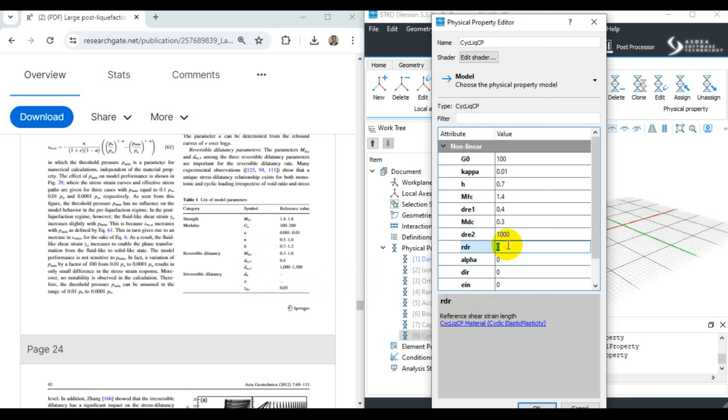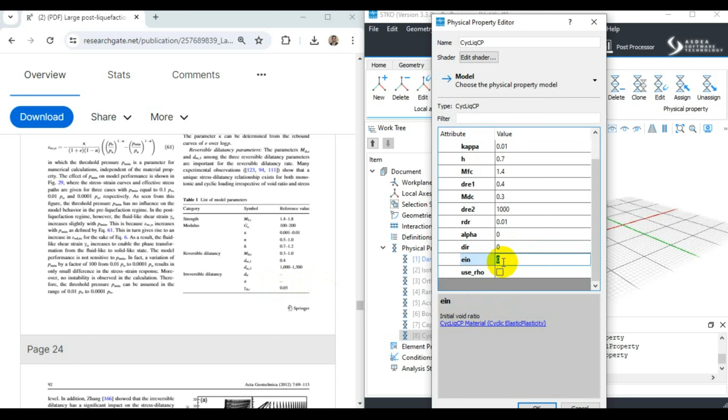For the differential strain limit, we can use, for example, 0.01. We have the alpha parameter, which is missing here, and RDR, which is missing here. We have DIR, that is missing here. We have EIN, the initial void ratio, so we can consider it 0.45, whatever it is for the parameters.